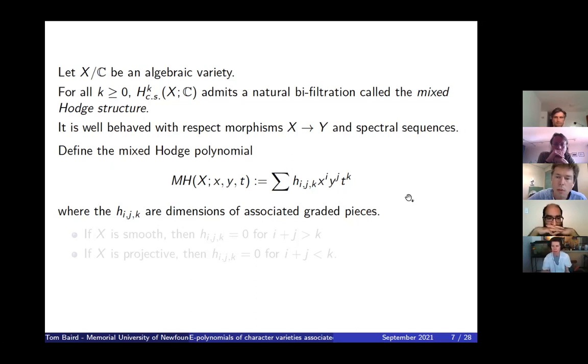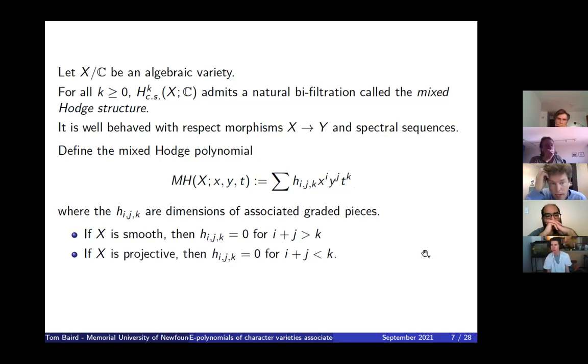Okay, so some quick facts about these mixed Hodge polynomials. If X is a non-singular variety, then the coefficients will vanish whenever i plus j is greater than k. And if X is projective, then they vanish when i plus j is less than k. Okay.